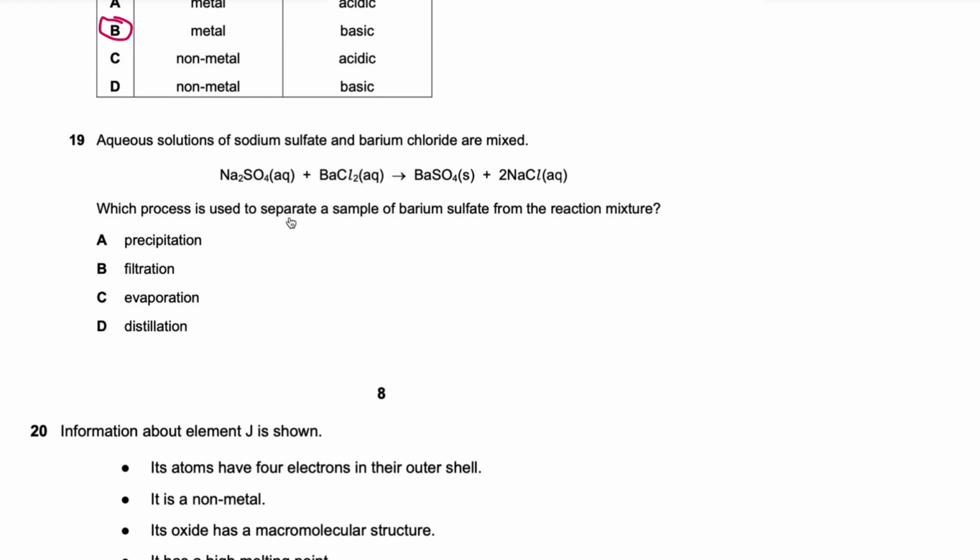Which process is used to separate a sample of barium sulfate from the reaction mixture? Precipitation, filtration, evaporation, distillation. I think filtration, because this one is not soluble. Barium sulfate is not soluble in water, so we can use filtration. If it was soluble, we would have used the distillation method.